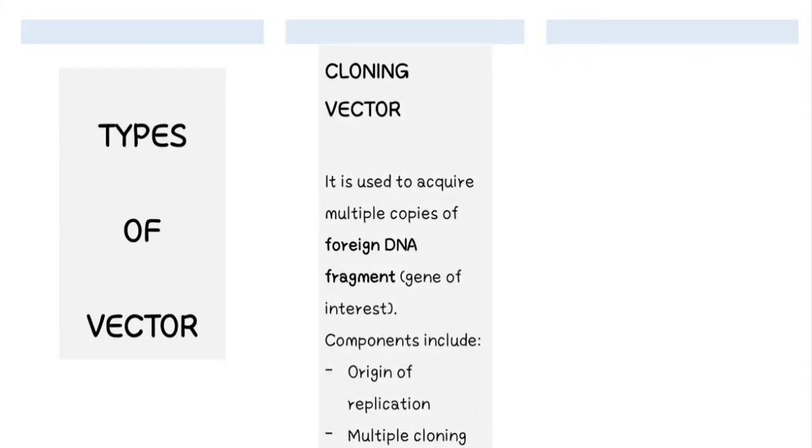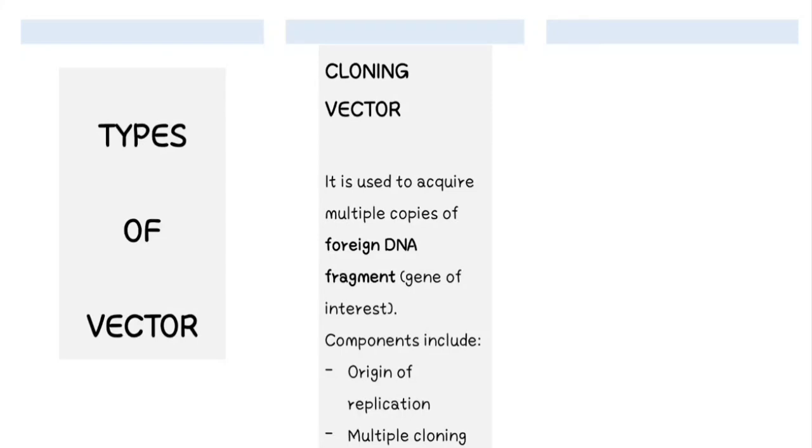Now, I have been saying we might need multiple copies of genes or we might need a large amount of protein. But in both cases, we need a different kind of vector. When I'm talking about multiple copies of a gene, we need a cloning vector.